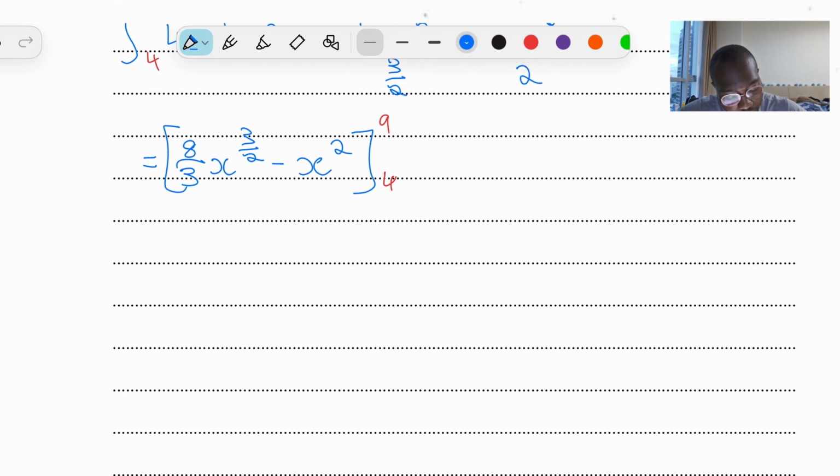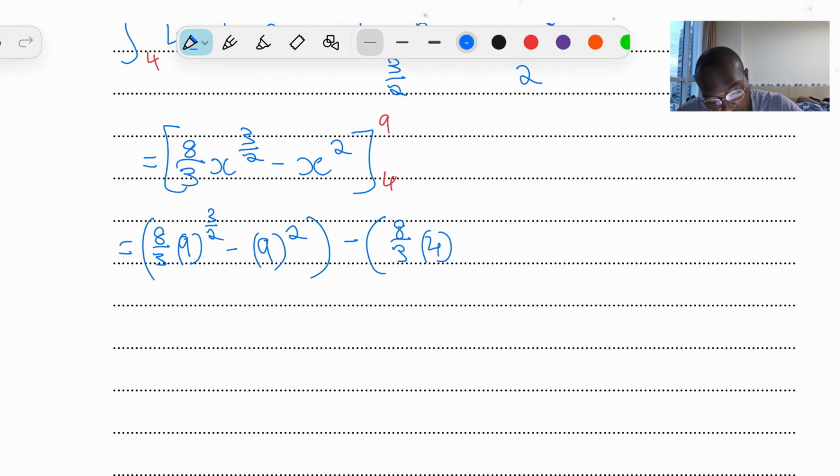So if we put in our limits, we get 8 over 3 times 9 to the 3 over 2 minus 9 squared, and that'll be minus 8 over 3 times 4 to the power of 3 over 2 minus 4 squared.